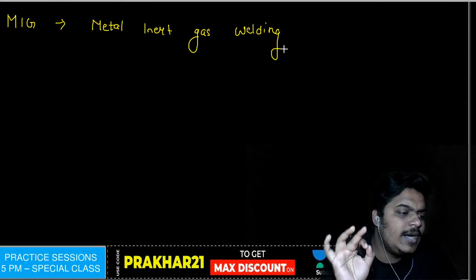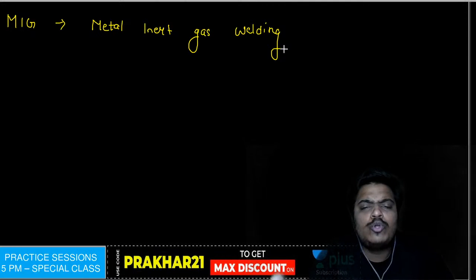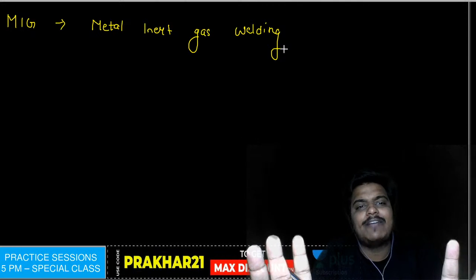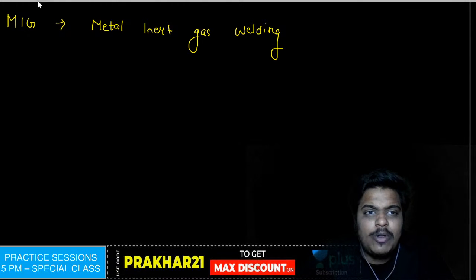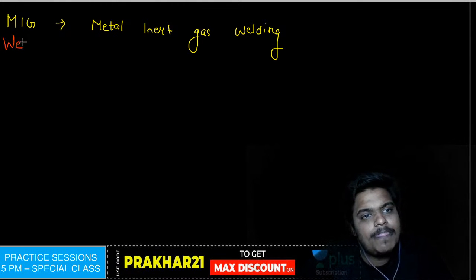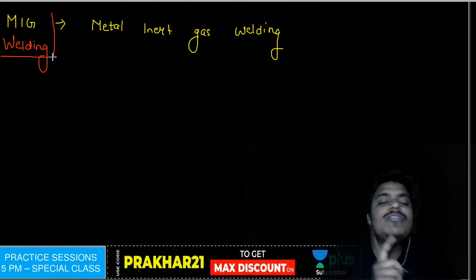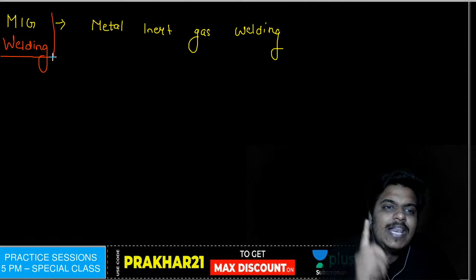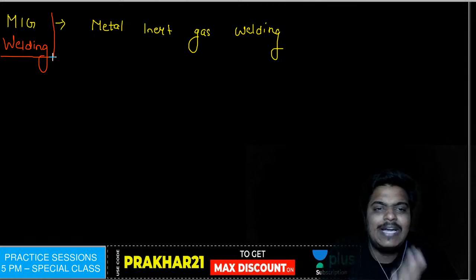If anyone has any doubt, ask me. Please ask me if you are having any doubt. The next welding process is MIG welding, metal inert gas welding. This is really important.